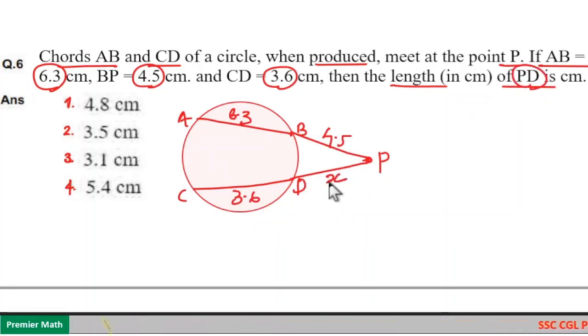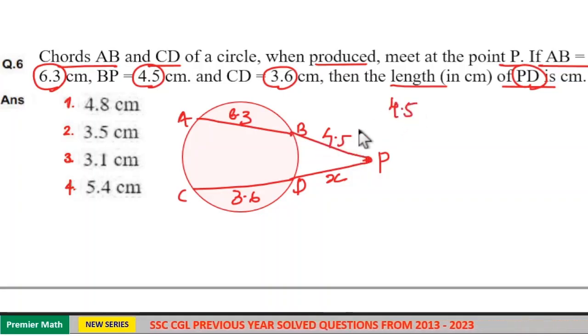PD, I will consider PD as X. Now this is external point P and these two are secants. Now these two secants are drawn from the same external point P to the same circle. Now here the external segment length is this one, 4.5. So take the sum of these secant segments. 6.3 plus 4.5 is equal to 10.8.